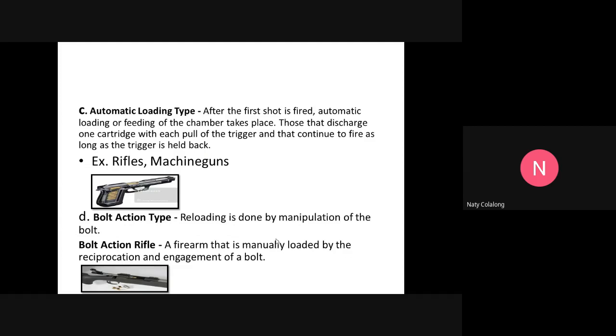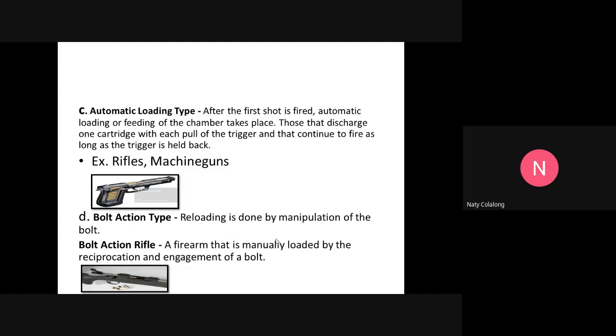And then we have the type of firearms. We have the third, automatic loading type. So, after the first shot is fired, automatic loading or feeding of the chamber takes place.